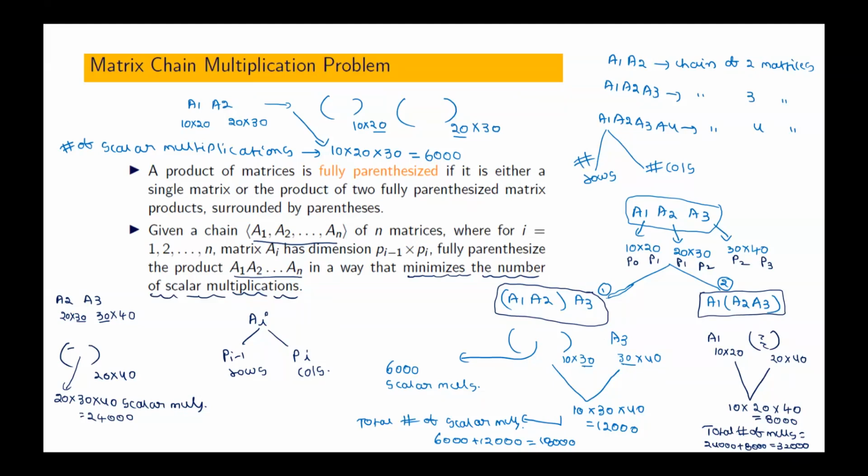Now, what is the brute force way of solving this problem? Find each and every combination and check the number of multiplications.